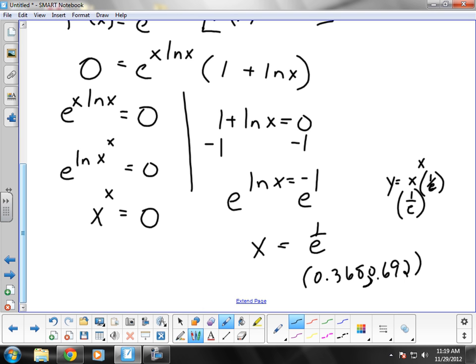Now, what power can you raise... 0 to the 0 power, remember, anything to the 0 power is 1. Otherwise, my rule doesn't work. So is there any way that I can get a 0 out of this? No. So this gives me a no solution piece.